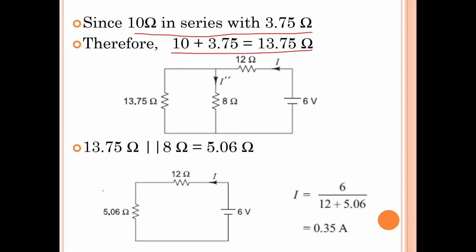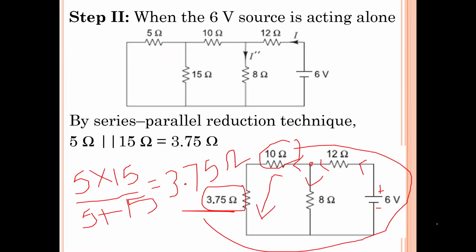So you just replace the 10 and 3.75 with a single resistor. In the previous slide, this 10 ohms, I will just erase it.